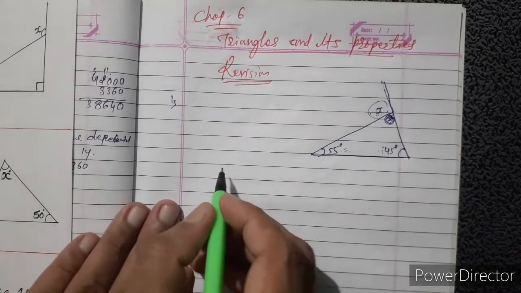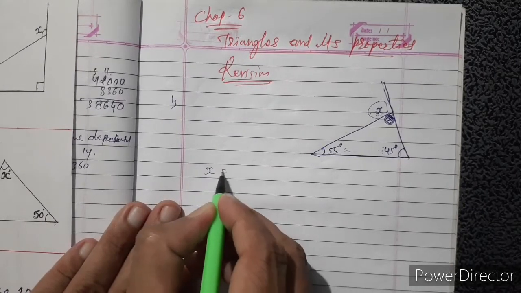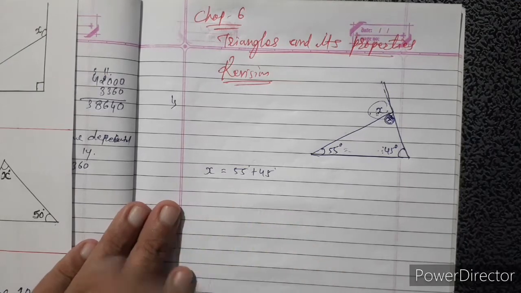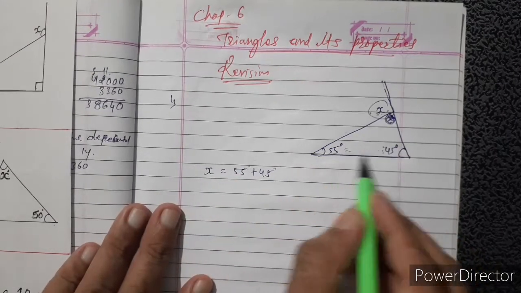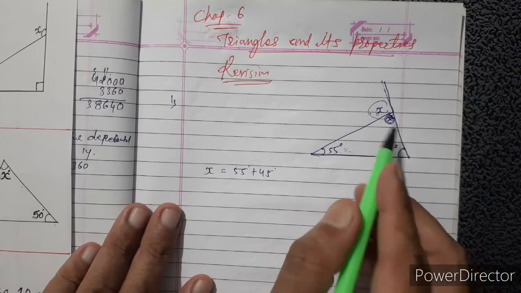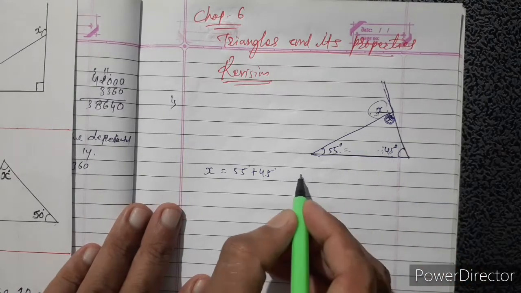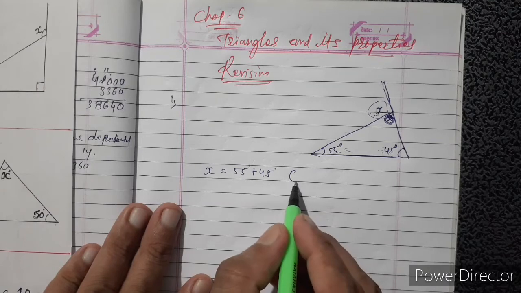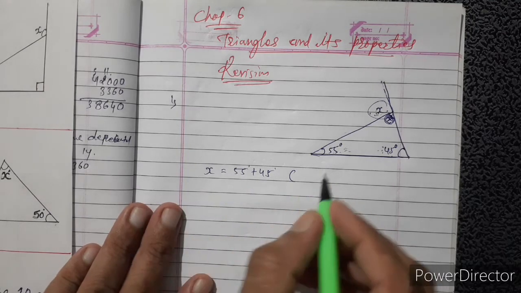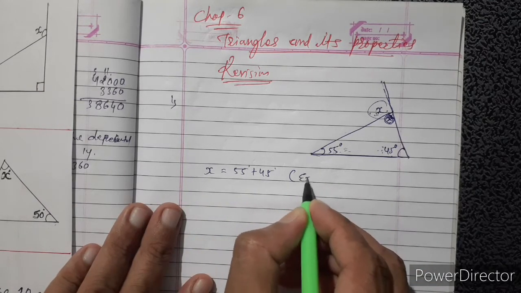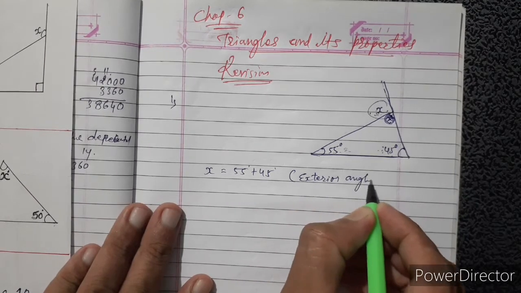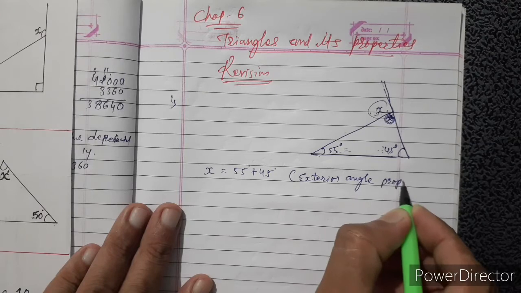Therefore x equal to 55 plus 45, because we know that the sum of the interior opposite angles is equal to the exterior angle. Here you just write down the reason: exterior angle property.